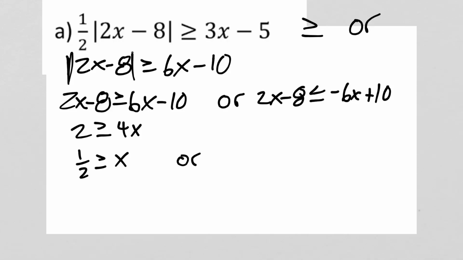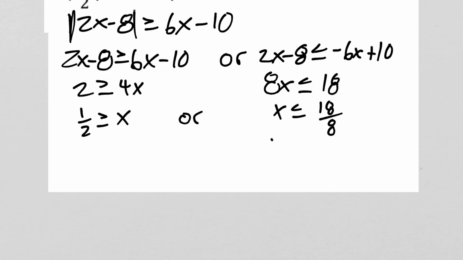Let's add 6x to both sides to get 8x on the left. Let's add 8 to both sides to get less than or equal to 10 plus 8 is 18. Let's simplify things and say x is less than or equal to 18 over 8, which is gross. So let's change that to x is less than or equal to 9 over 4.